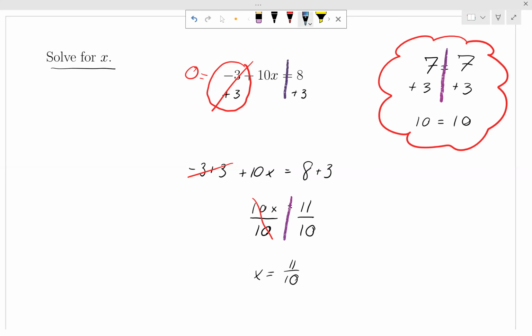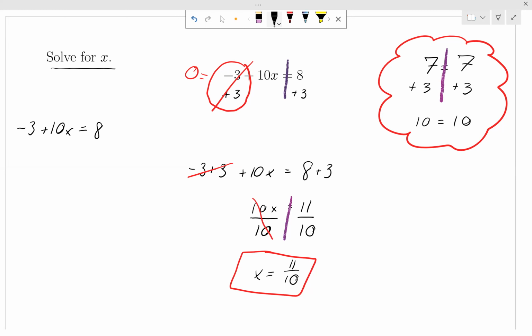And I'm going to box it in red real quick. And then over here to the side, I'm going to check and make sure that this x value works. Just to kind of check myself. So we had our original thing was -3 plus 10x equals 8.